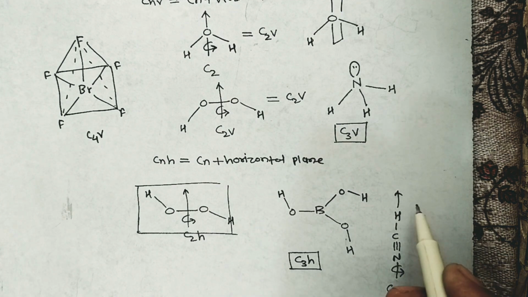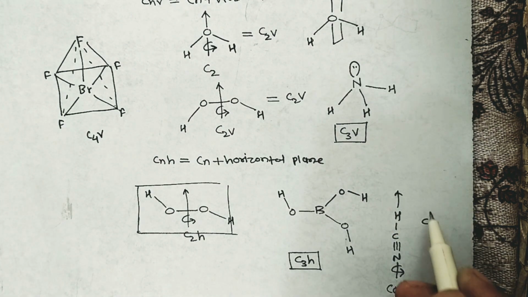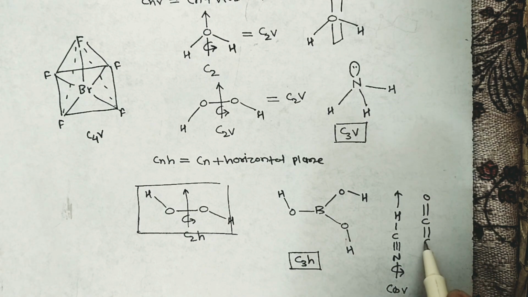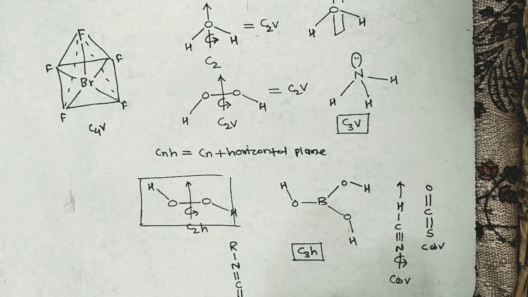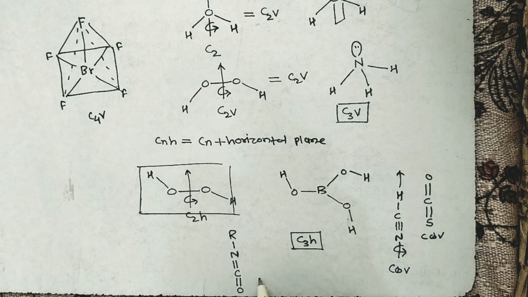Also, carbon double bond oxygen double bond sulfur, this group also has C infinity v point group. The isocyanate group, that is R-N double bond C double bond O, is again a linear molecule and it contains an infinite axis of symmetry plus a vertical plane.